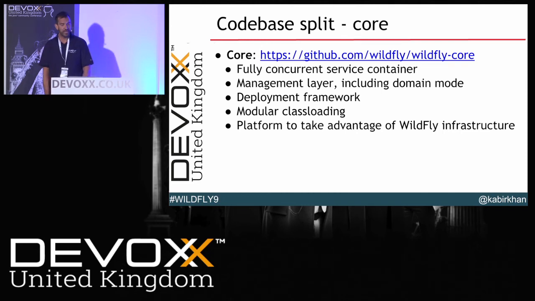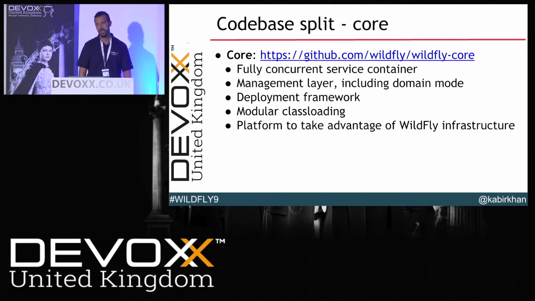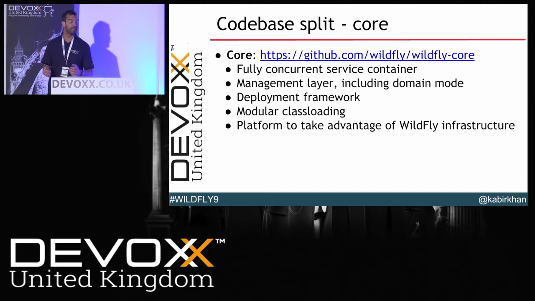Then the final topic is that we've now split the code base of WildFly. So before, the whole thing was in one Git repository, so that had both the core management functionality and all the EE and clustering stuff. So the core has now been pulled out to its own Git repository, and this contains basically the heart of WildFly. So it contains the concurrent service container, which wires together all the services that make up the server.